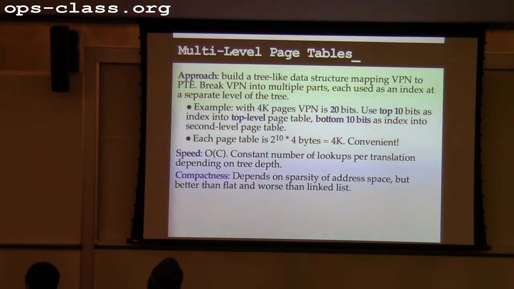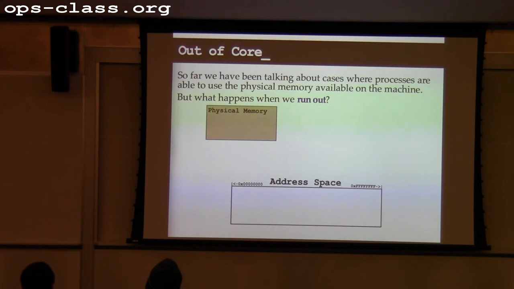Like I said, for this simple example, I've achieved 3 orders of magnitude smaller page table size, which is great, because again, my page tables are competing with processes for memory, right? So I don't want them to be huge, okay?